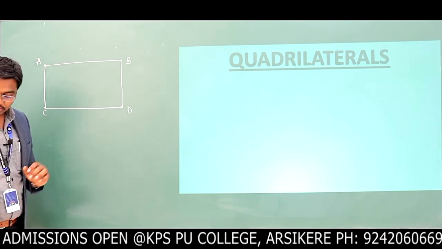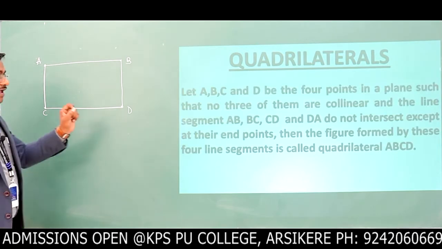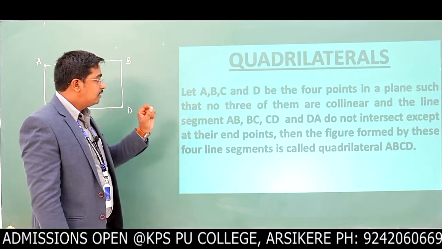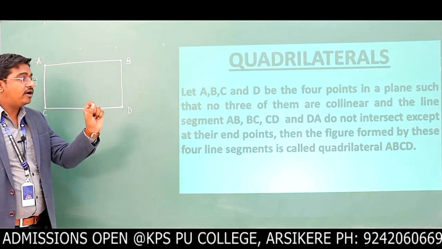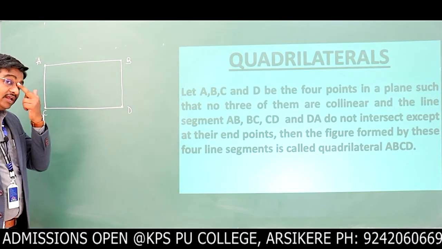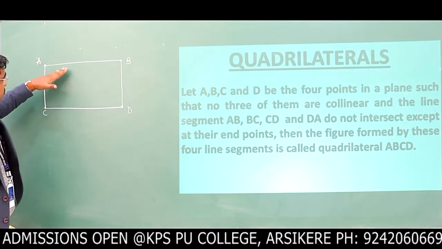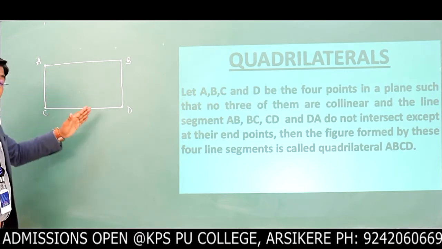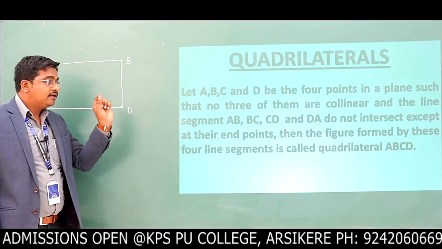So let us see the formal definition. Let A, B, C and D be the 4 points in a plane such that no 3 of them are collinear. They are non-collinear. So no 3 points: A, B, C are non-collinear, or A, C, D are non-collinear.